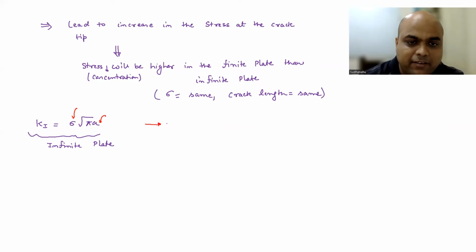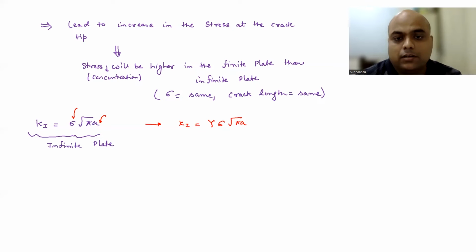This means we can write K1 as Y sigma root pi a. So we are introducing a term Y, which is called the structure factor, and its value is going to be greater than 1 because K1 is going to be higher in a finite plate, right?